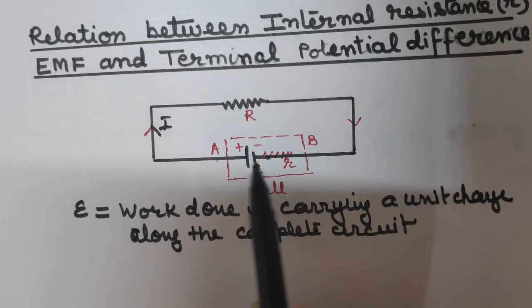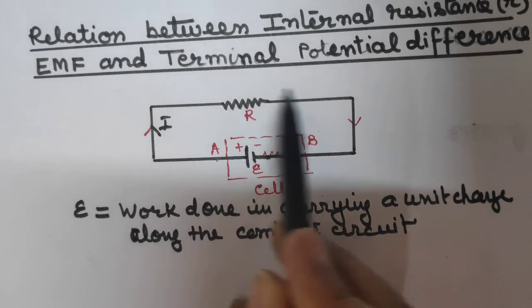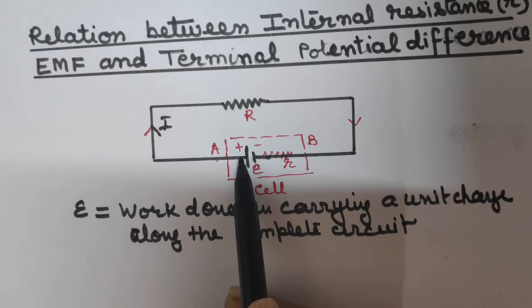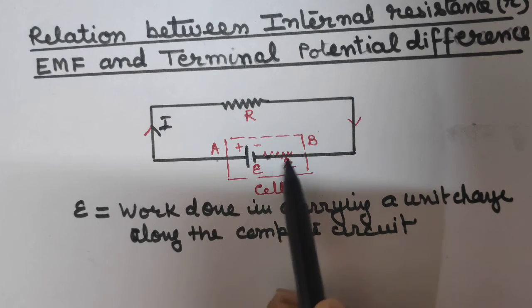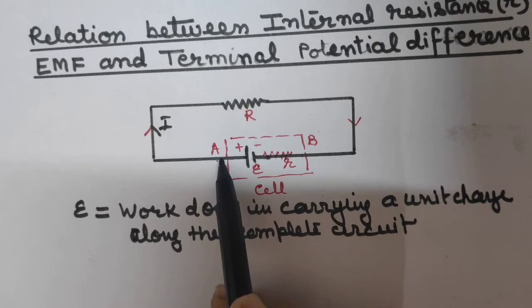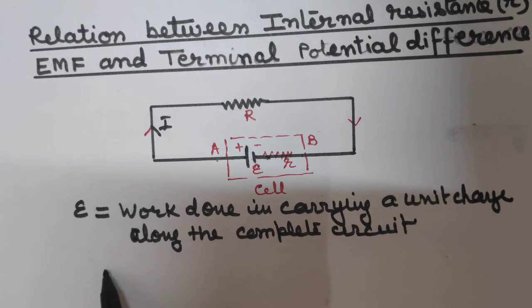Let us divide it in two parts: work done from A to B and work done from B to A. B to A is inside the cell, and this is outside the cell.